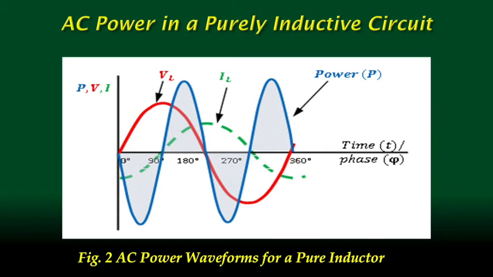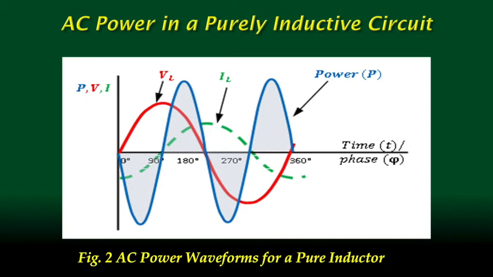So Q is measured in volt amperes reactive. Then Q equals V into I sin theta. Theta is 90, so this value is V into I into 1. So Q equals V into I because sin 90 is 1.